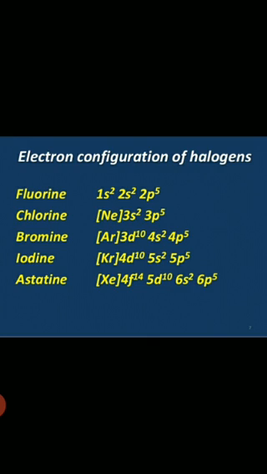Bromine, it's argon, then we write 3d10, 4s2, 4p5. Similarly you will write for iodine and astatine, right? And what you will find in common here is that they have the outermost shell electronic configuration ns2np5, whether it be 2s2 2p5, 3s2 3p5, 4s2 4p5, 5s2 5p5, or 6s2 6p5.